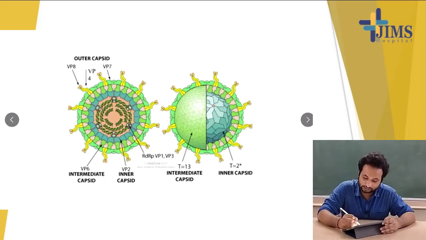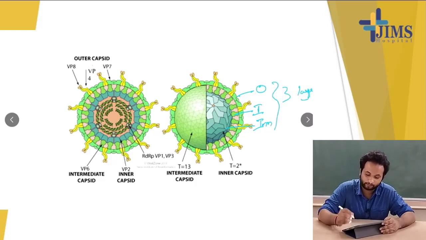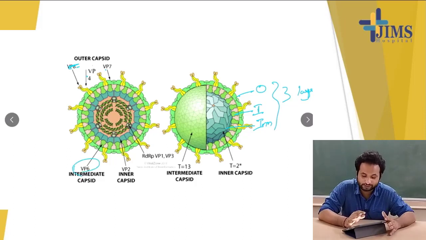You can see this is the outer, this is the intermediate, and this is the inner layer, so there is a three-layer capsid. VP7 and VP4 are present in the outer capsid. The intermediate capsid has VP6, which is group specific, and the inner capsid has VP2.